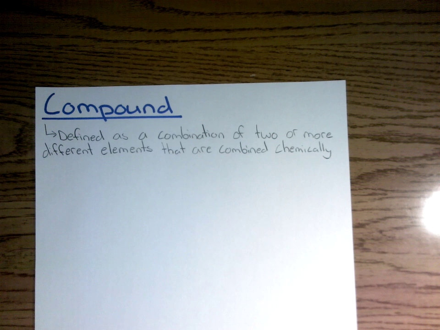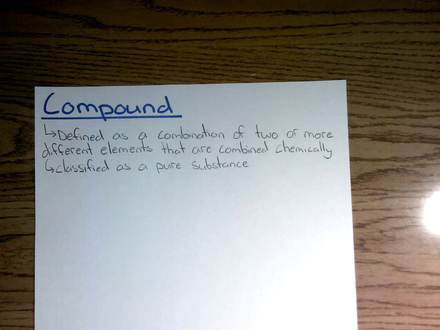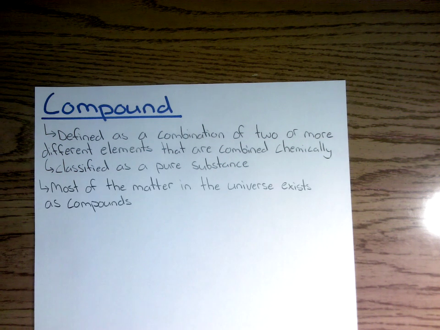Now, compounds are classified as pure substances. And like I said before, this is more realistic here because most of the matter in the universe is going to exist as compounds. And so there's numerous examples, but some of these examples include items like water, table salt, table sugar, and substances like aspirin.